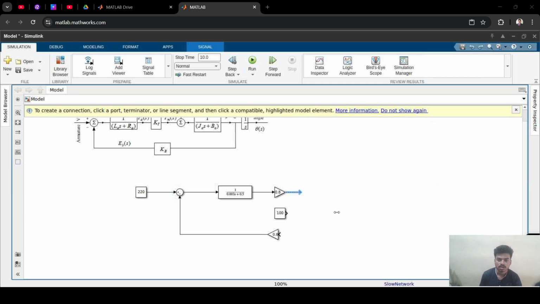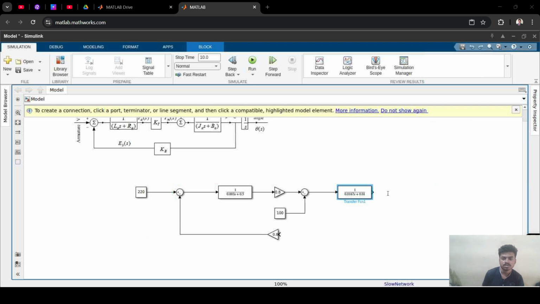Next we are going to take the mechanical system representation, the transfer function again. Again we have to take the sum model, and further the transfer function model. This generated torque is passed through another transfer function.